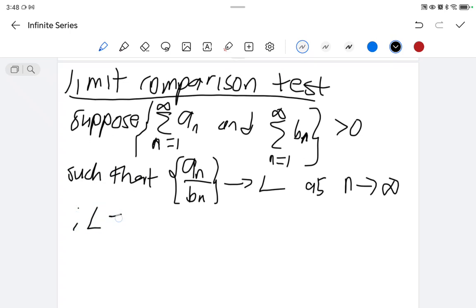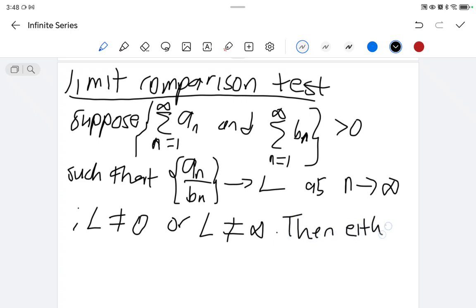L is not equal to 0, or L is not equal to infinity. So this will be the case. Then if this happens, we can say that either one of these diverges or converges.